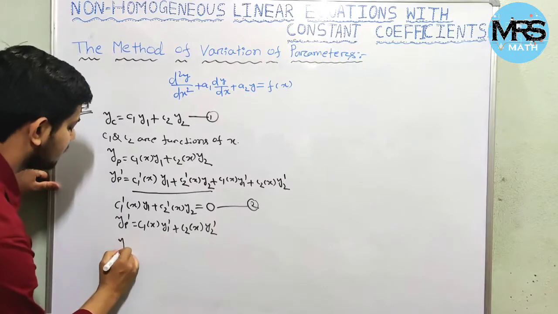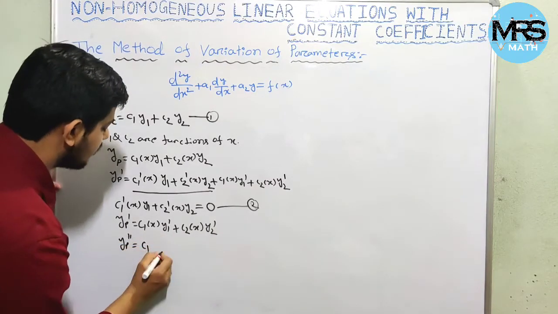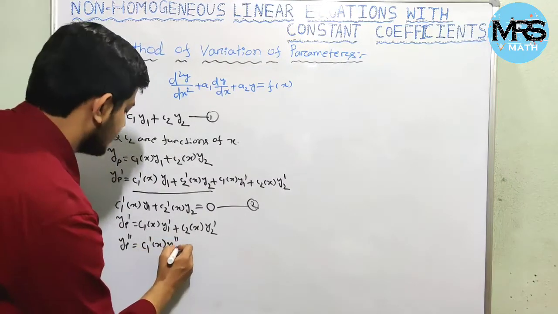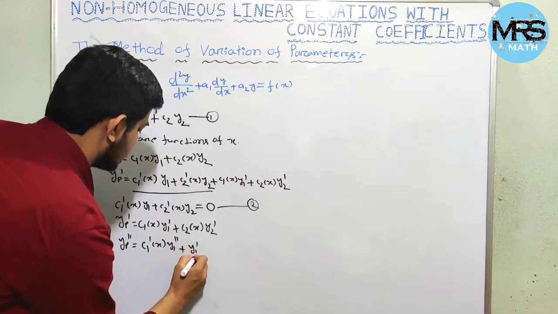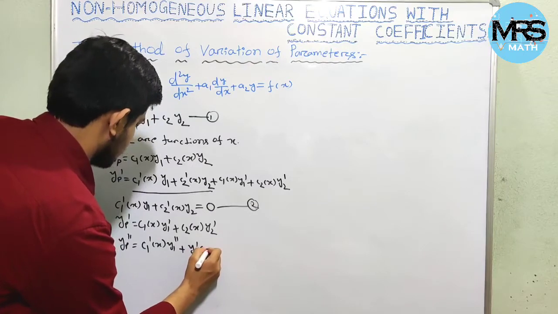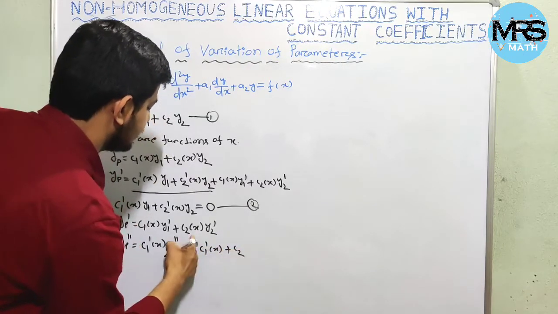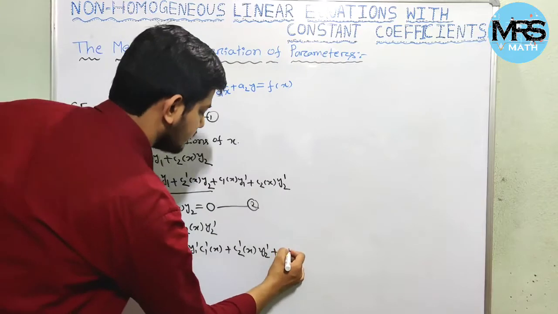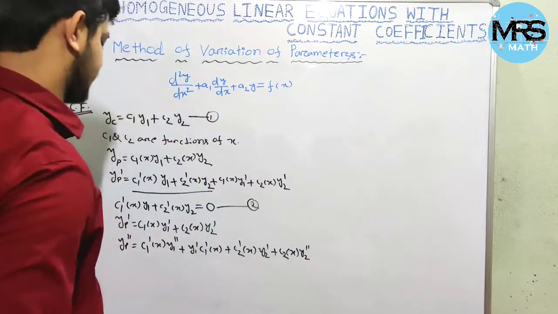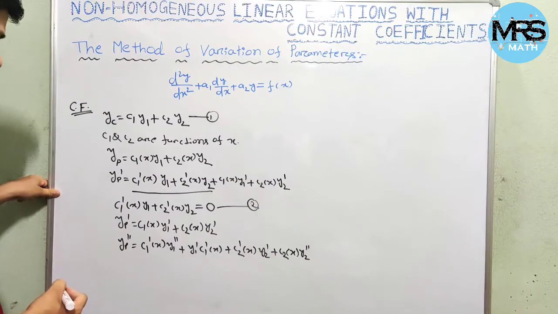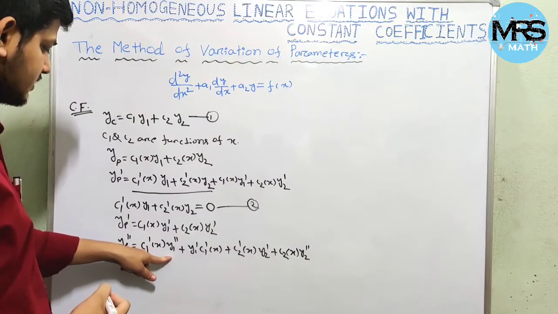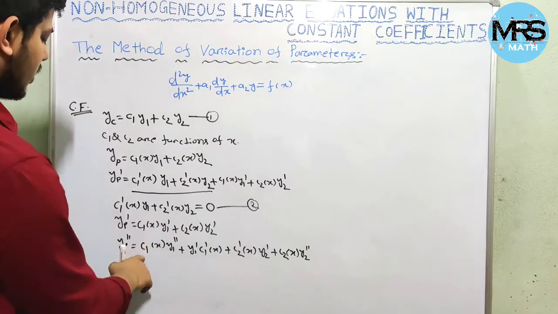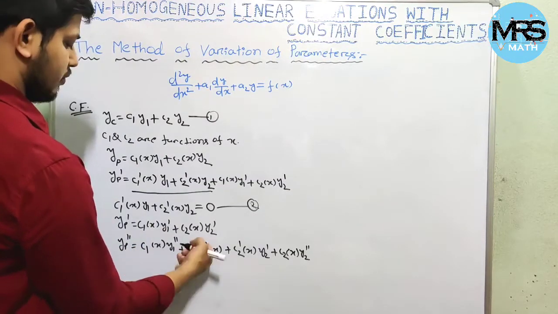So yp double dash will be c1 dash y1 dash plus c1 y1 double dash, plus c2 dash y2 dash plus c2 of x y2 double dash, right?